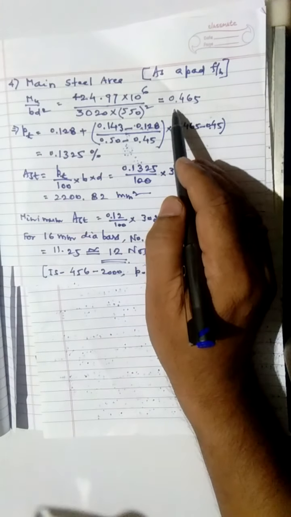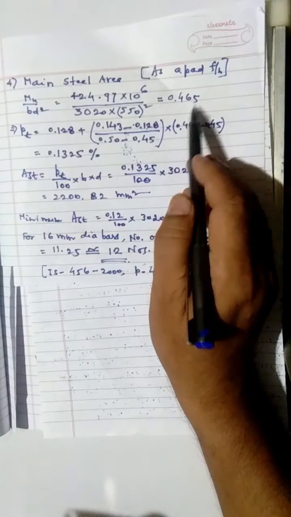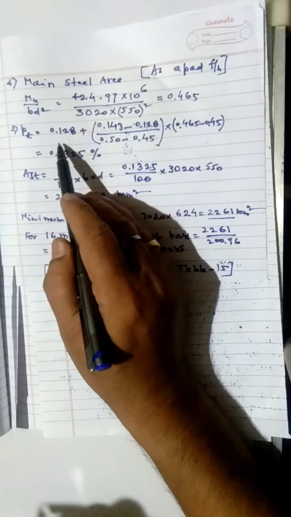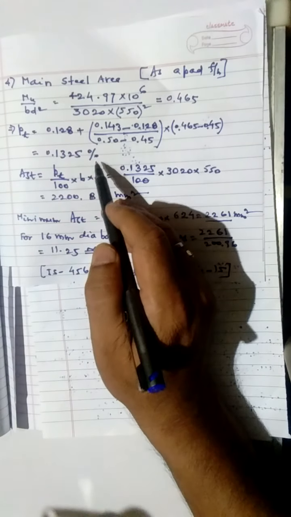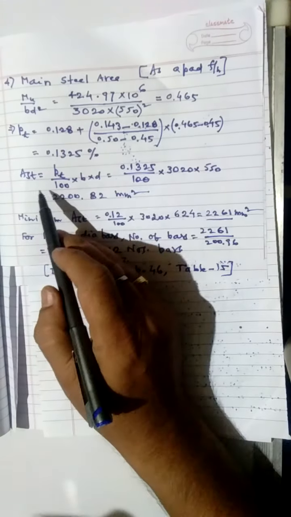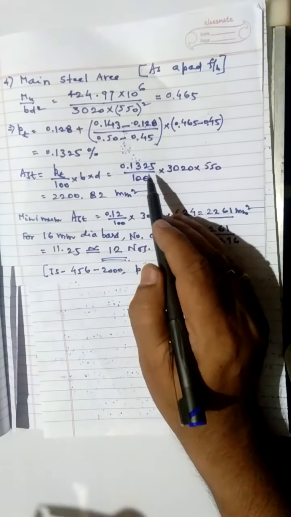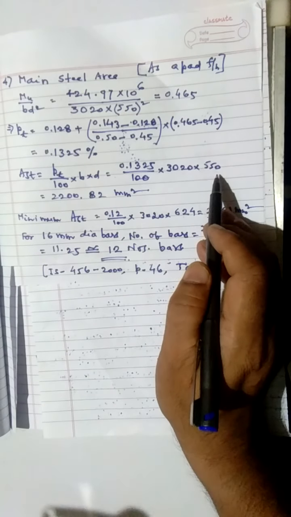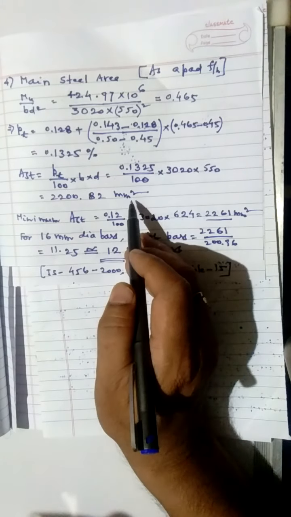So this we get 0.465. So using SP16 table 2, now we can calculate the Pt, percentage of steel value, from the table, and it comes 0.1325%. With this we can calculate the area of steel Ast equals Pt by 100 into B into d. So this comes 0.1325 by 100 into 3020 into 550, and this comes 2200.82 millimeter square.